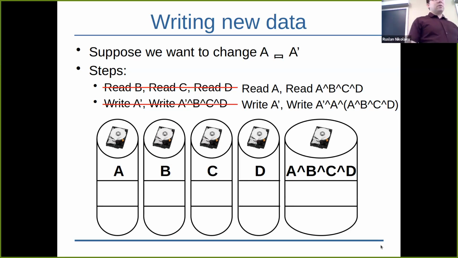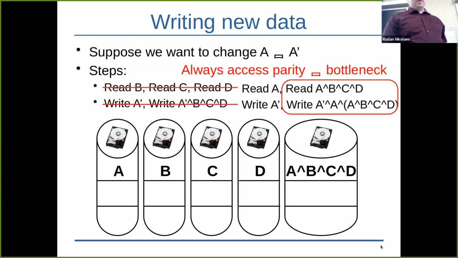That way I can get a new parity bit. So I only need to read A to write the new A prime. But still, even though I need to just read A, it still requires accessing the parity, and that becomes your bottleneck.